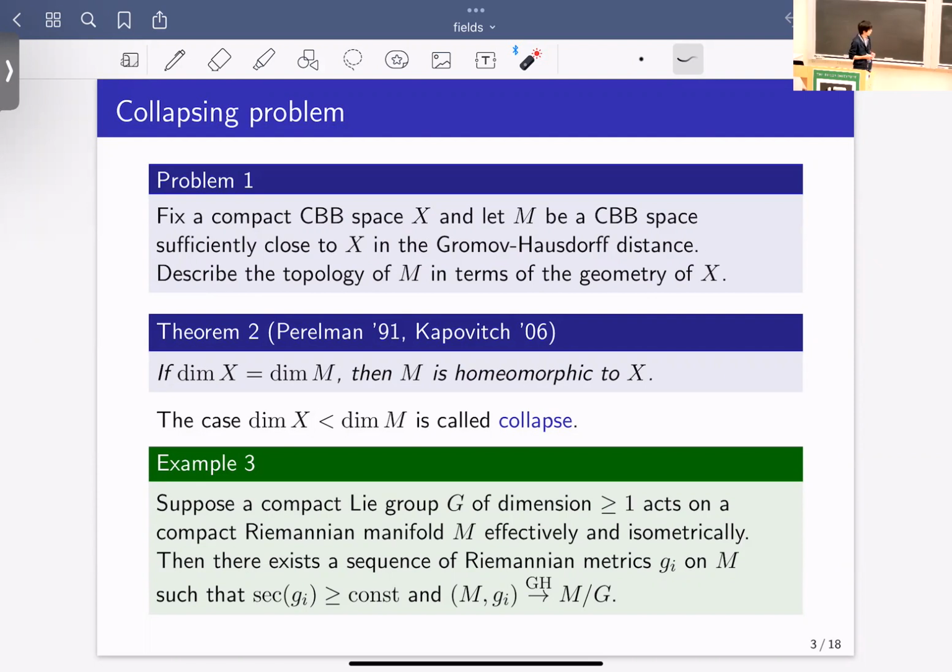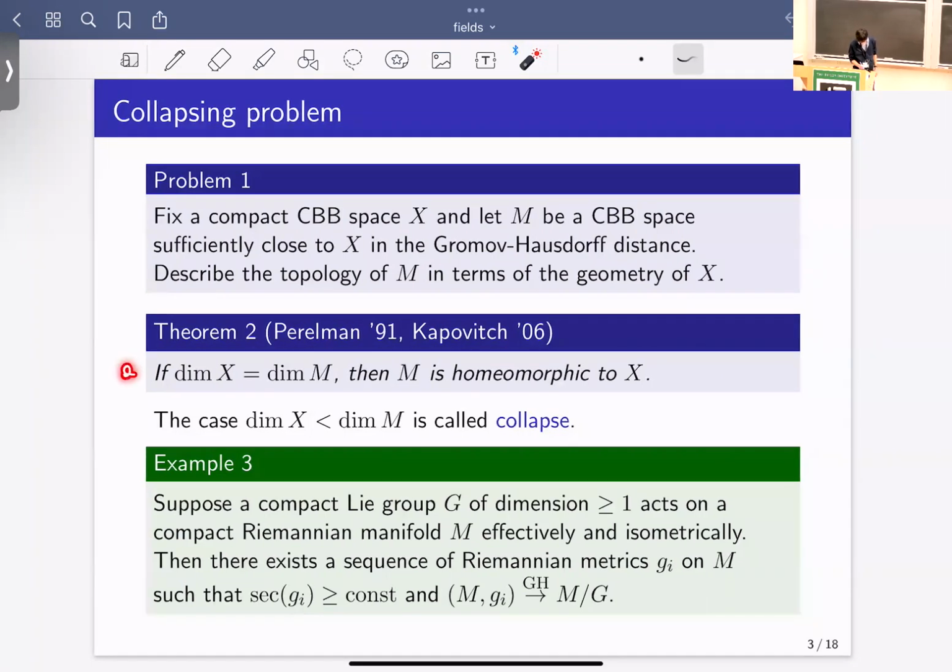First, I remind you that the dimension of X is not greater than the dimension of M. And if they are equal, then Perelman's stability theorem tells us that M is homeomorphic to X, no matter what singularity X has. The conclusion of this theorem is very simple, but the proof is very complicated.